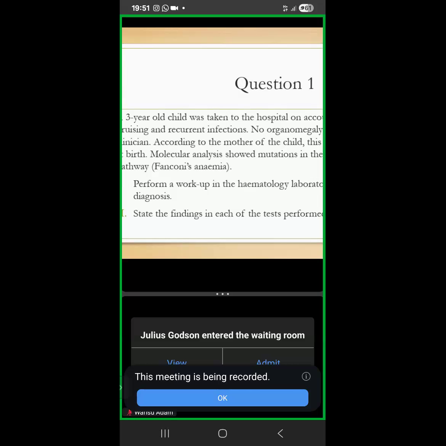We can't say anything else. So please, let's do this quickly. A child is anemic, has easy bruising, and is getting recurrent infection. What generally will come to your mind?